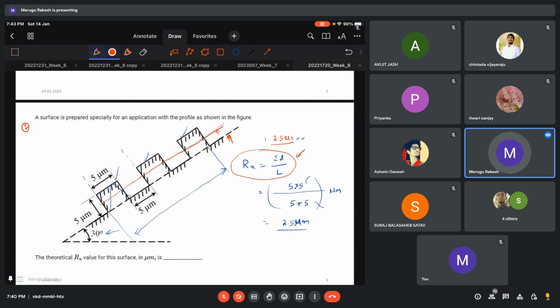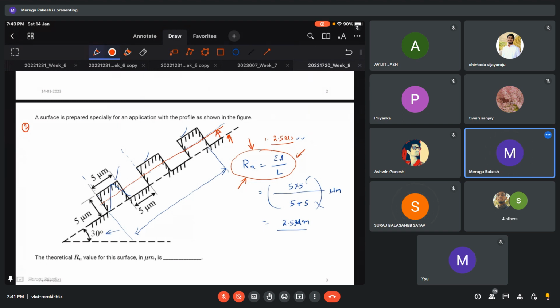You have every data to apply this formula. If they didn't give the area, then you should worry. But here complete data is given, so you can go by this formula: area of the repeating pattern divided by its width. If they are not giving anything, then the best way is to take the center line so that the area above and below are equal, and apply the formula.